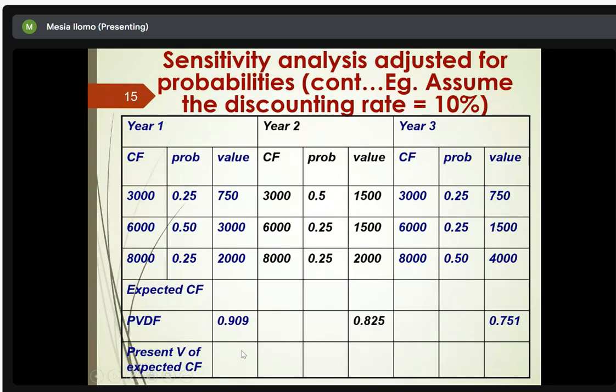So what is the present value for year one? 5,226.75. Okay, and for year two? 4,130.